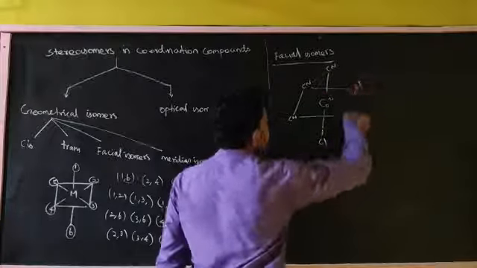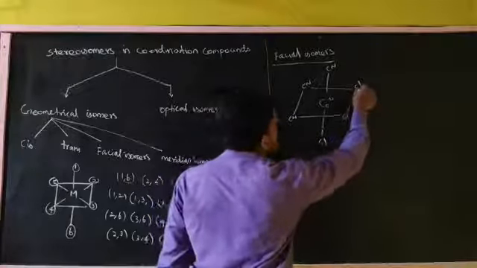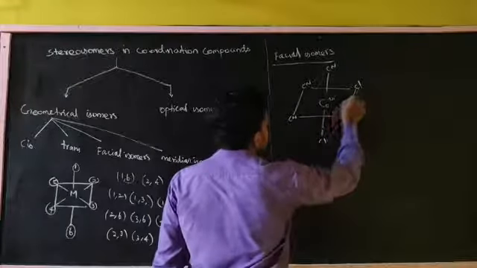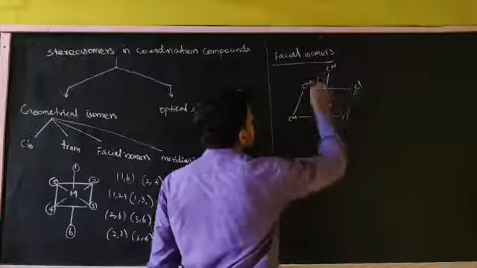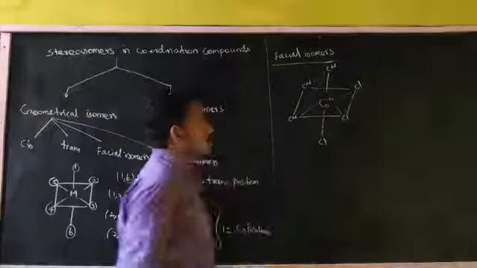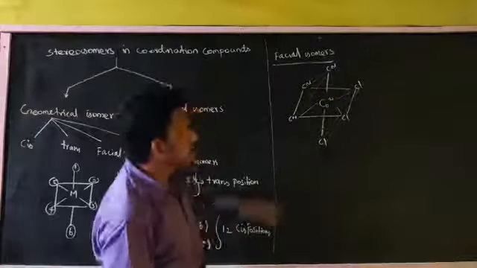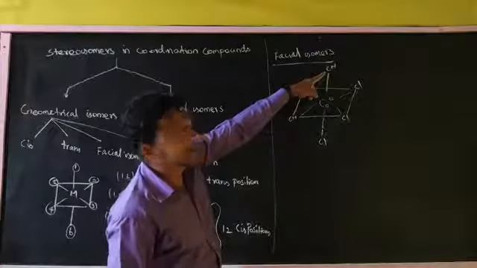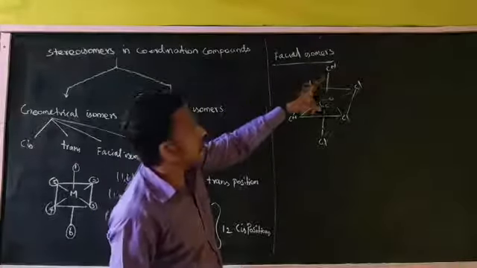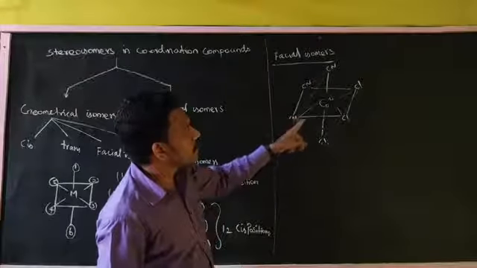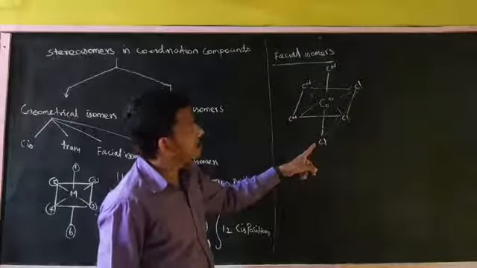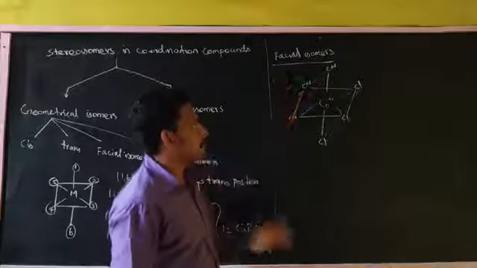That is called facial isomer. 3 similar ligands are present at the corners of a triangular face of the octahedron. That is called facial isomer.